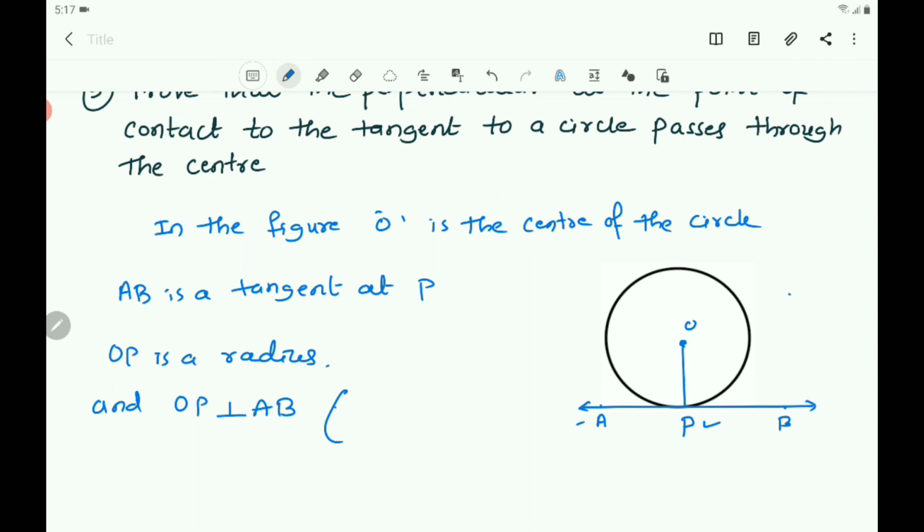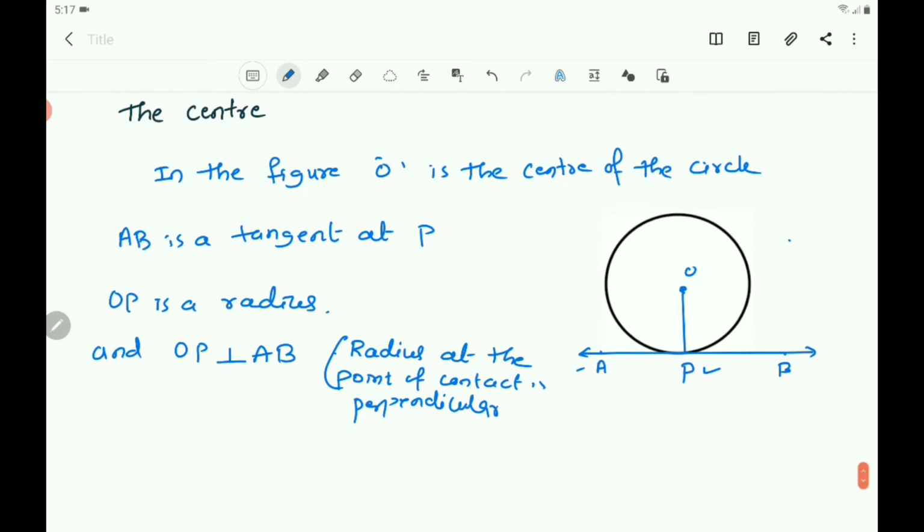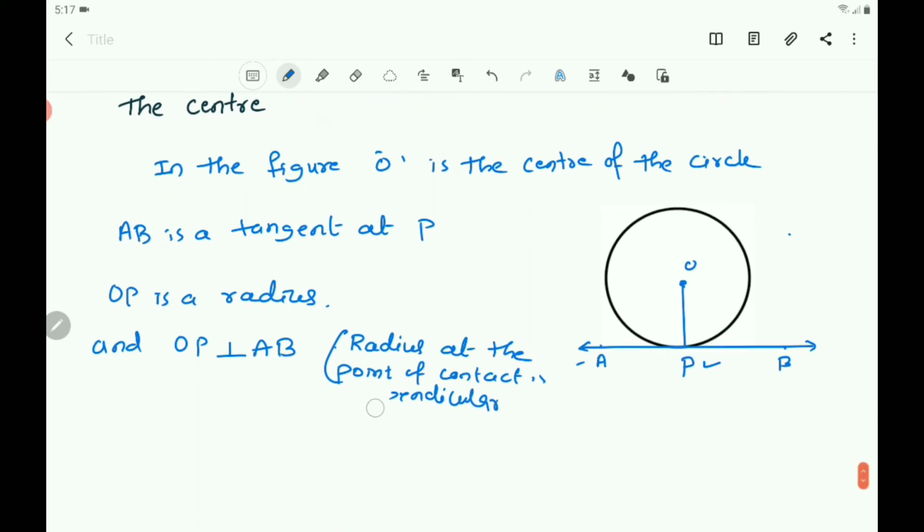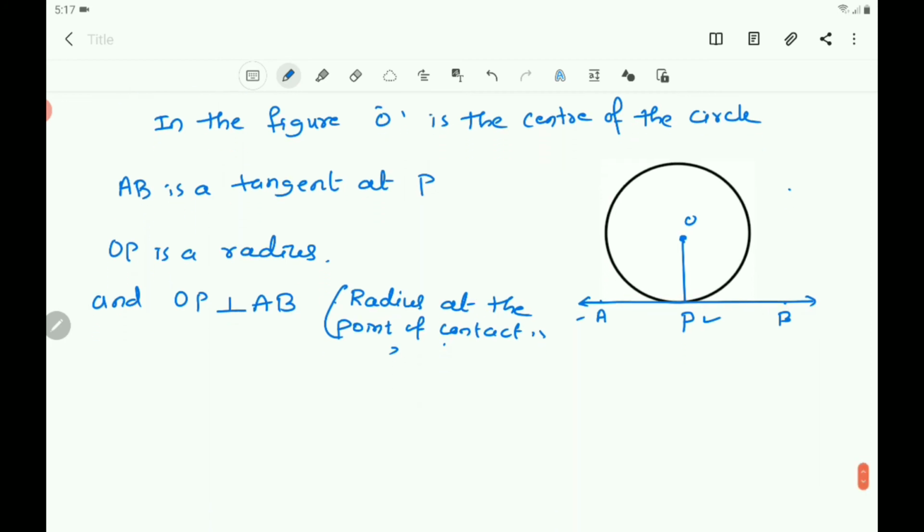That is, the radius at the point of contact is perpendicular to the tangent.